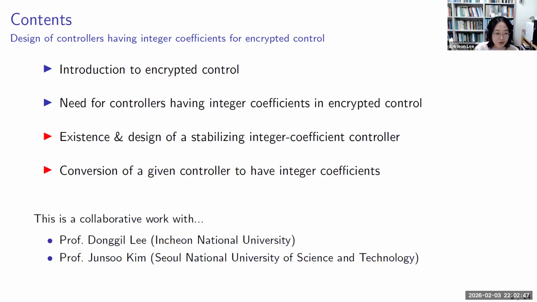And next, I'll explain how to convert a given controller to have integer coefficients. And these two are recent results from a collaborative work with Professor Dongil Lee of Incheon National University and Professor Junsu Kim at Seoul Tech.